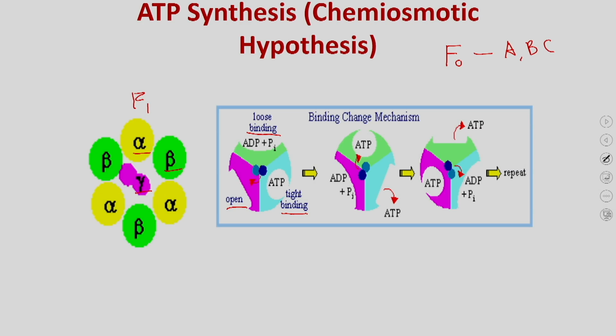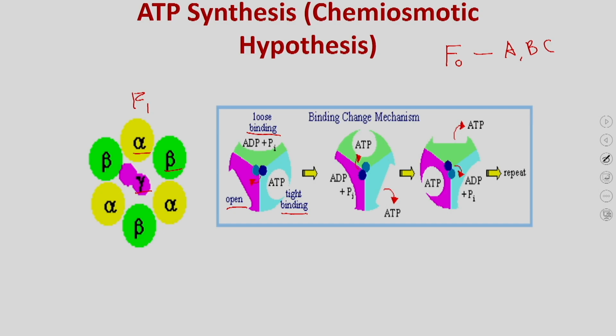Whereas, in the case of the F1 particle or F1 subunit, you have the alpha, you have the beta, and that alpha and beta alternate with each other to make this ball like structure. Then they have a gamma in between.